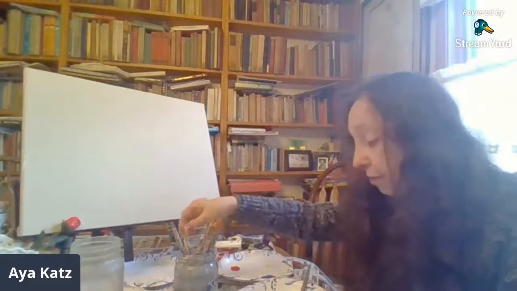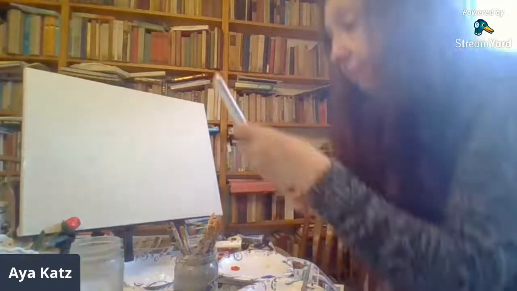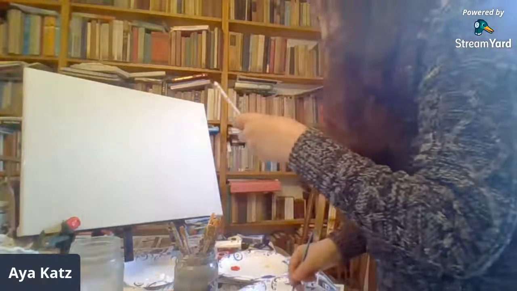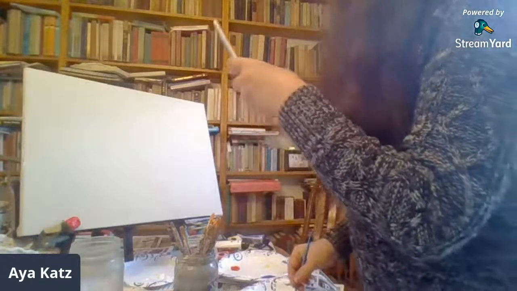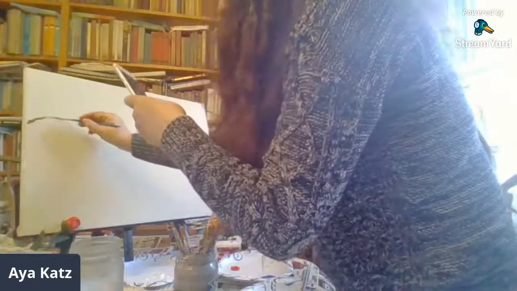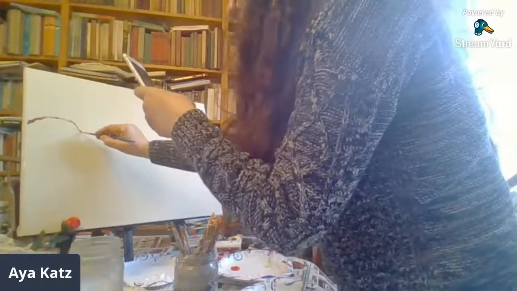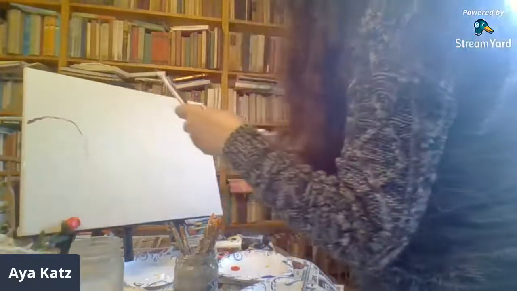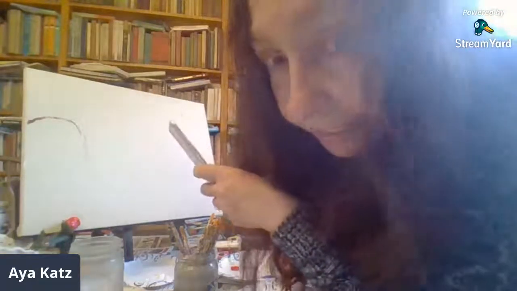At this point, this is just an outline and it's not very serious. And I'm going to paint over it. So it doesn't have to be quite right, but I'm just painting.